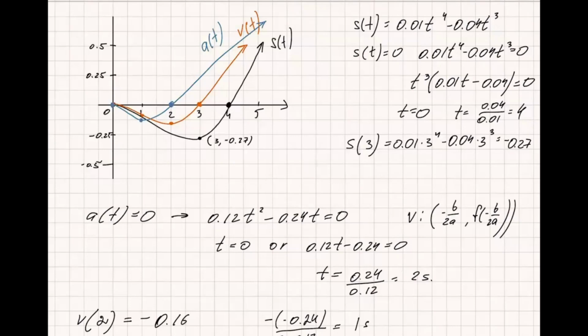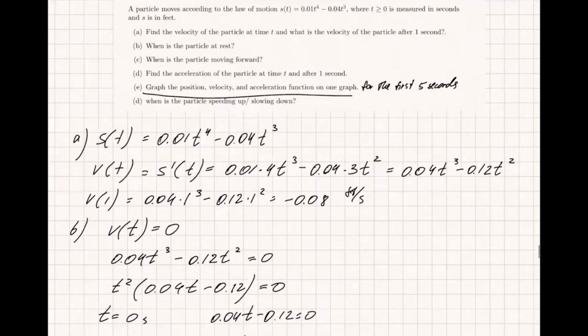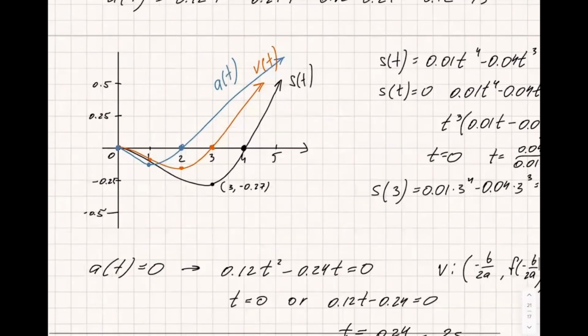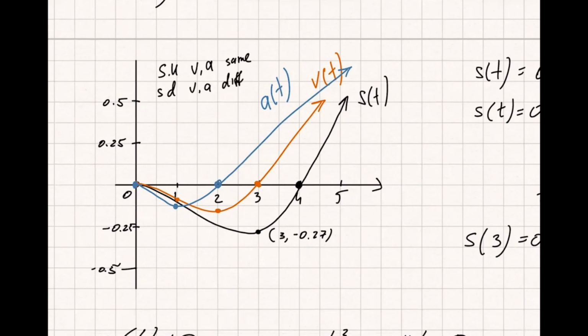Now, the last question that is asked is, when is the particle speeding up or slowing down? So let's look at the graph, and let me zoom in. Remember that the particle is speeding up when velocity and acceleration have the same sign, and slowing down when velocity and acceleration have different signs.